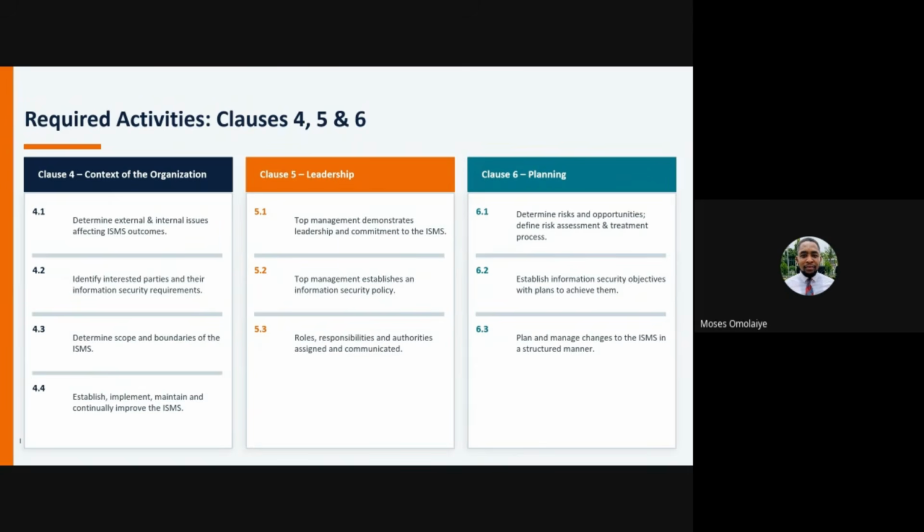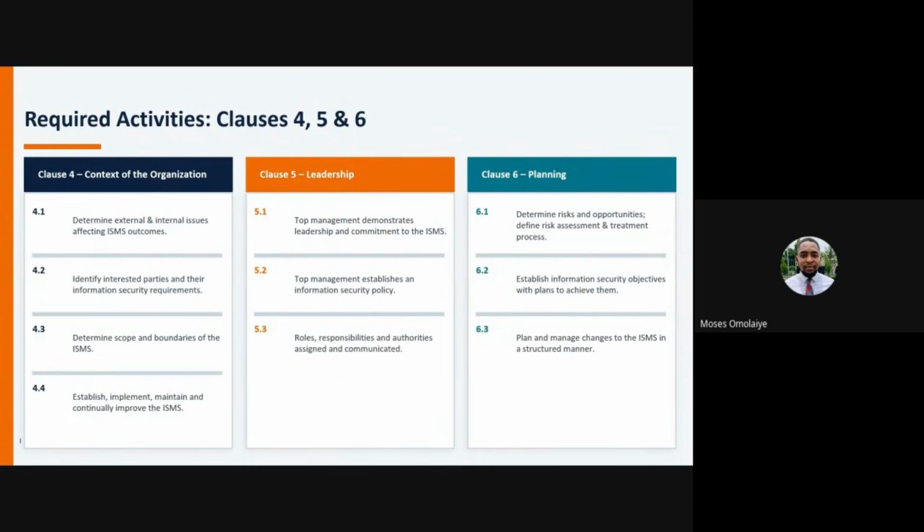So sometimes when implementing, you can say you want it to be implemented company-wide, or there are only certain functions and departments it should be implemented to, or there are certain branches. Then you establish, implement, and maintain, continually improve the ISMS.